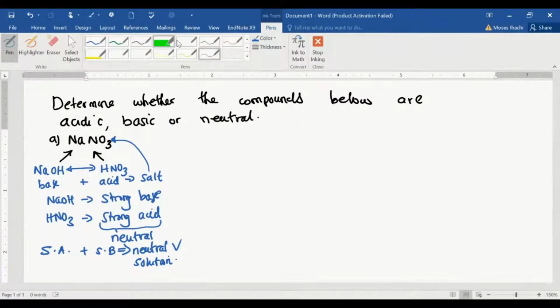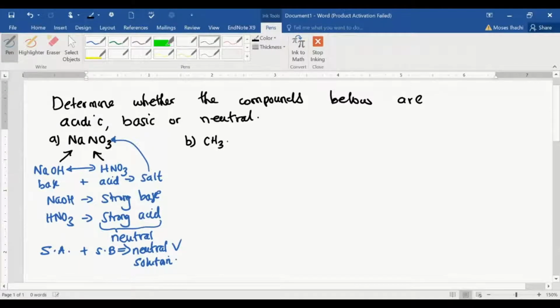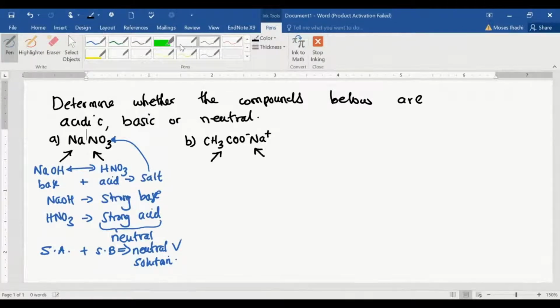Okay. A similar approach will be used to determine if ethyl acetate is acidic, basic, or neutral. So again, I will decompose the salt to its source.